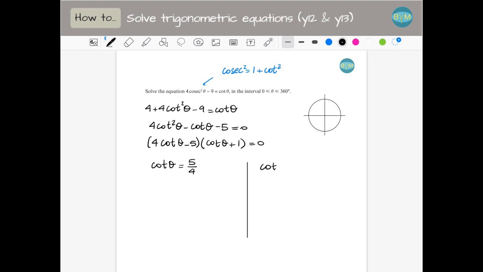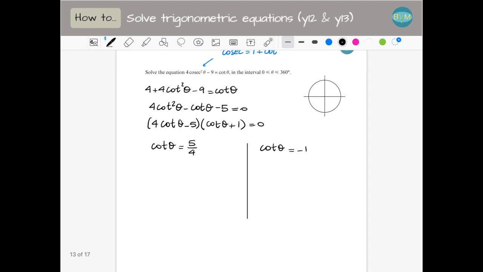Second bracket equal 0 is cot minus 1. Again, I don't have cot in the calculator, but I have tan, which is the reciprocal. So tan of theta is going to be the reciprocal, 4 over 5. Find theta with the calculator, doing tan minus 1. You get 38.7 degrees, which is in your interval, and it's an angle here.